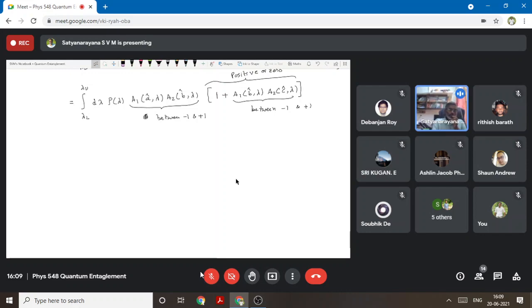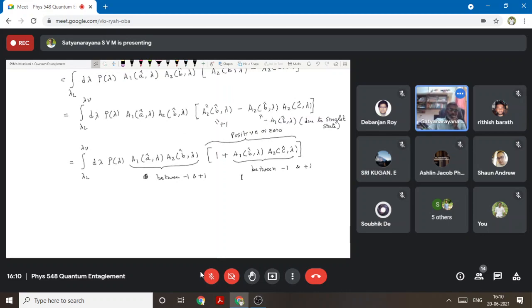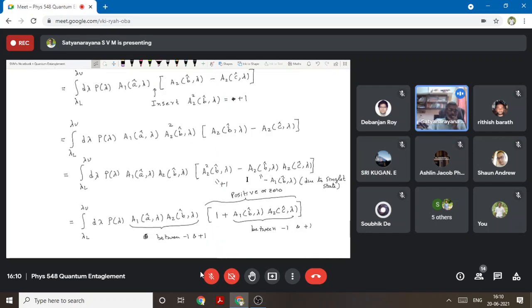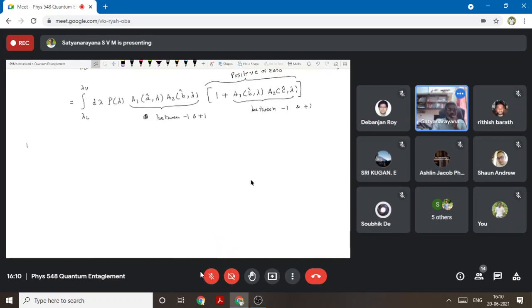So now I can say for this equation, I go to the left hand side. So we have the value of a1 a cap, a2 b cap minus a1 a cap, a2 c cap.